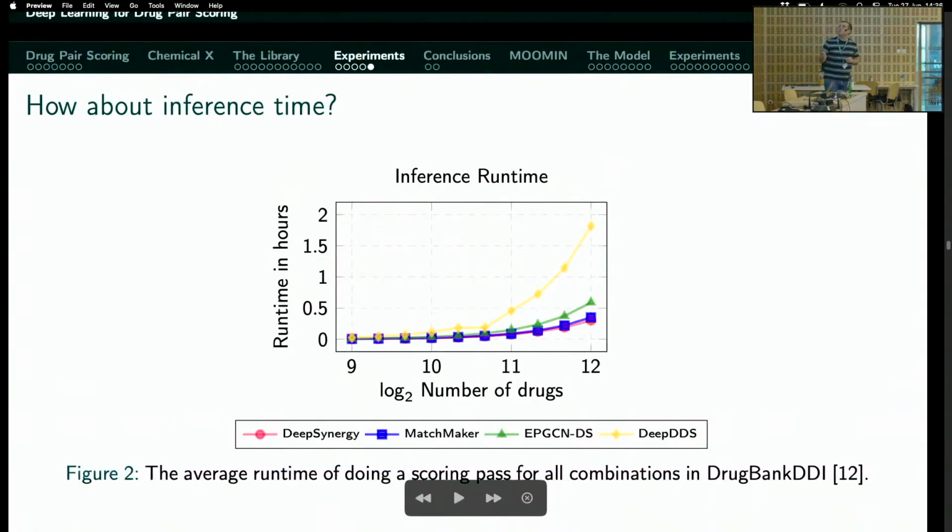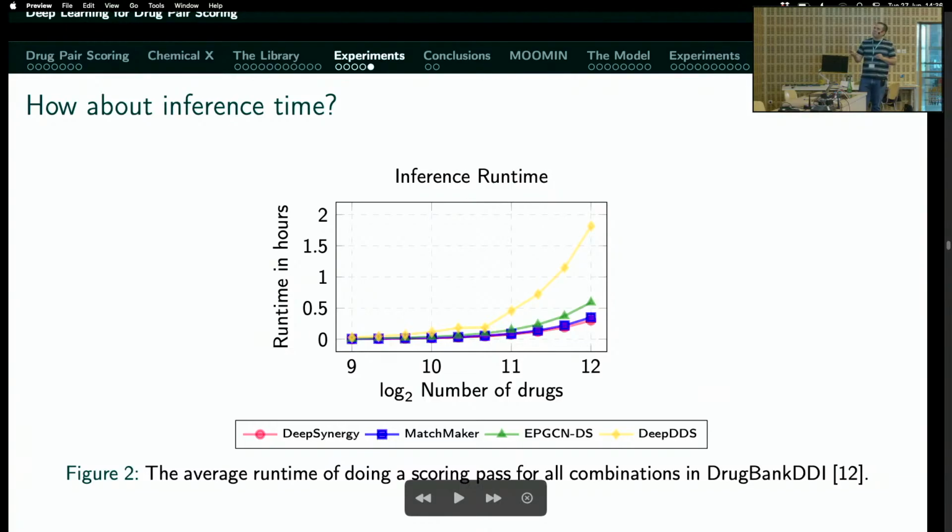What we were also interested in is doing inference, and what we wanted to try out is what happens in an environment like AstraZeneca, where you don't have a large number of GPUs and people are only able to run something on a CPU. What happens when you have to score all of the drugs in DrugBank DDI for all of the drugs that you have in a set?